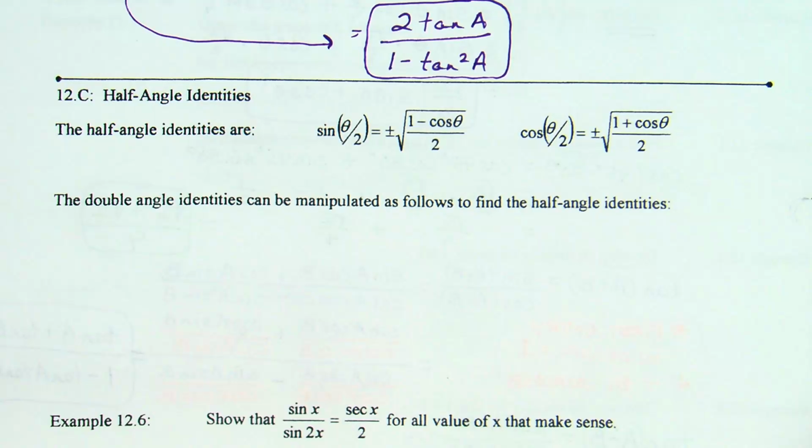I can't remember which way the pre-cal book does it, but okay. The double angle identities can be manipulated to find the half angle identities. So, debating where I want to start here.